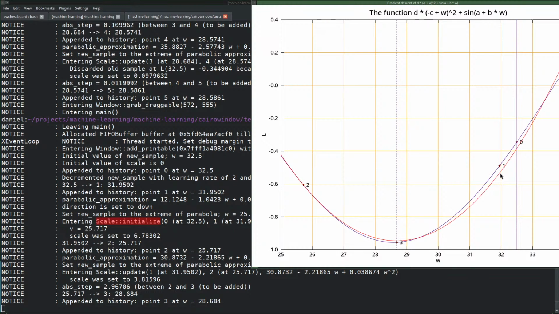So maybe I should just compare the derivative instead of the absolute value, and allow a 10% variation of the derivative.